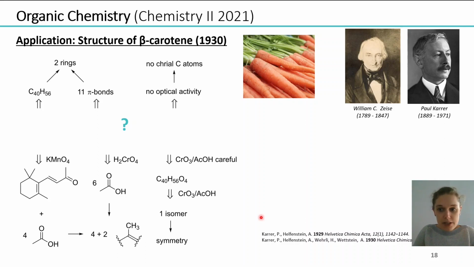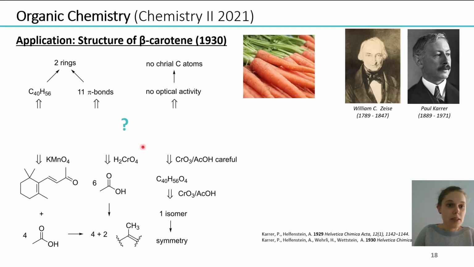Amongst others, several oxidation techniques such as the reaction with potassium permanganate or also ozone were applied. Now I would like to briefly guide you through the most relevant steps on how to elucidate the structure.